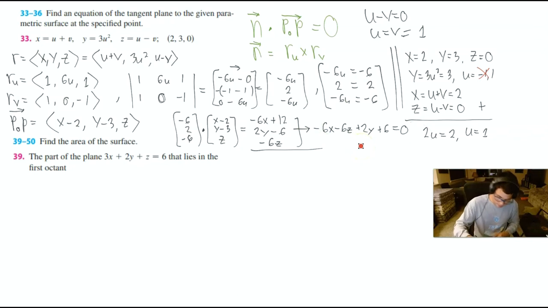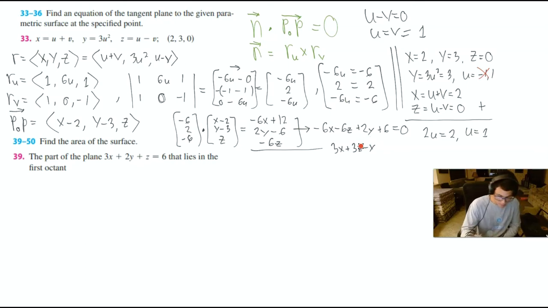So if we divide everything by -2, we would get 3x, 3z, and then this part would be minus y.